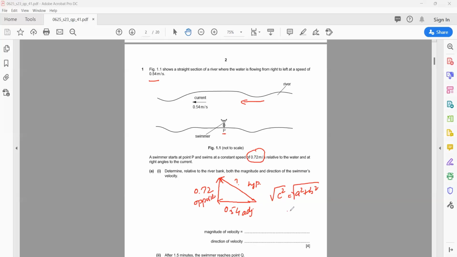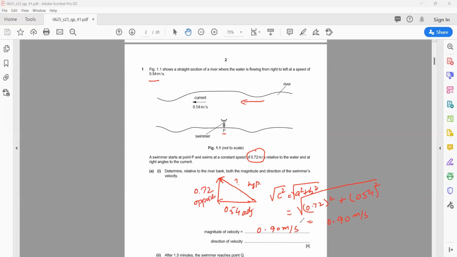So here you have to find c. Simply, 0.72 squared plus 0.54 squared, then take the square root. When you do this, the answer you will get is 0.90 meters per second.